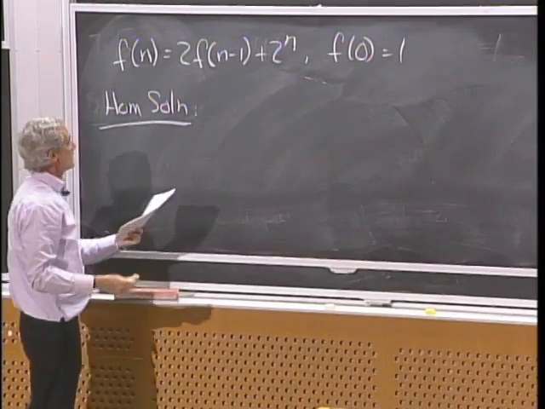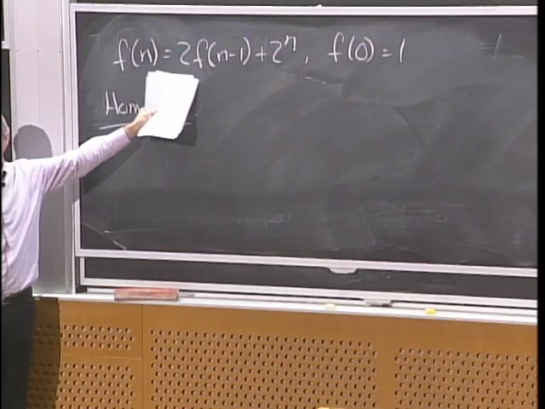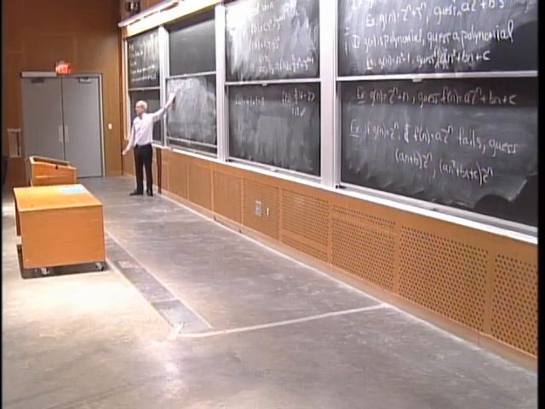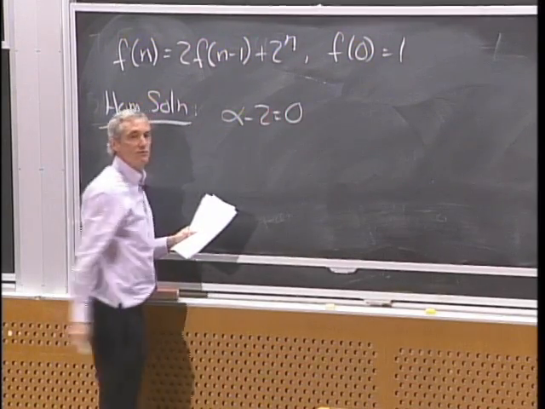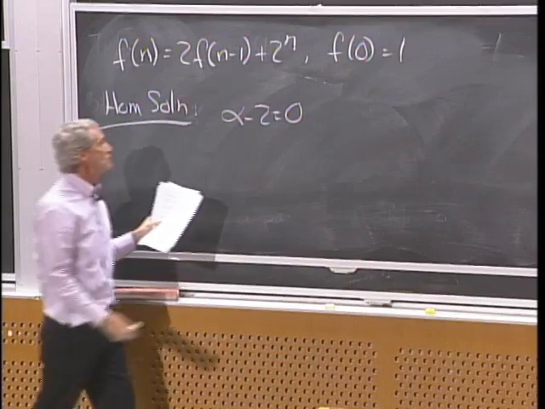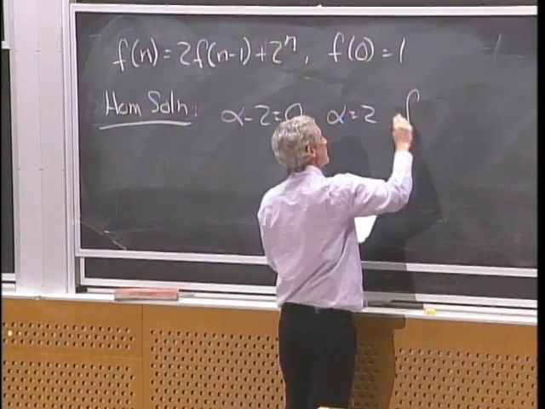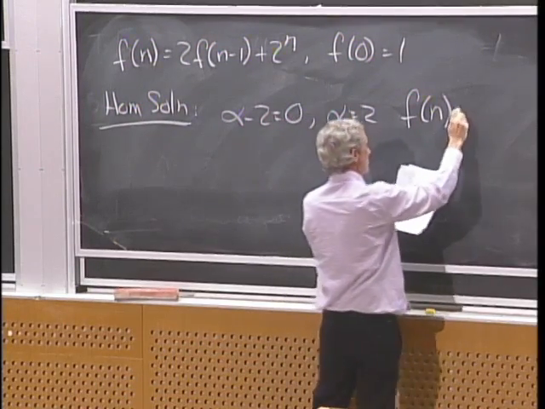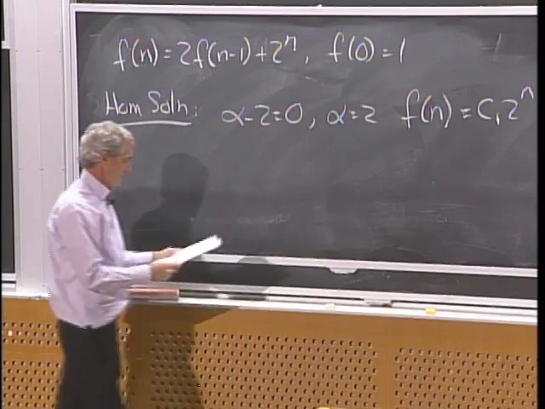Okay, so what's the characteristic polynomial? Alpha minus 2 is 0. What's my root? 2. And therefore, my homogeneous solution is c1 times 2 to the n. Well, that's pretty simple.